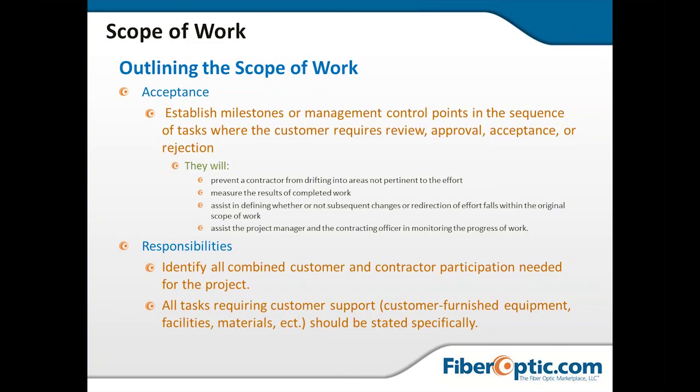Are you asking for the documentation? Do they have to prove to you that the installation was done correctly with an OTDR shot that meets the EIA/TIA specifications? Those are things that everybody should be asking for. That'll prevent the contractor from drifting into areas that are not the focus of the project, and make sure they don't cut corners or use inappropriate materials.